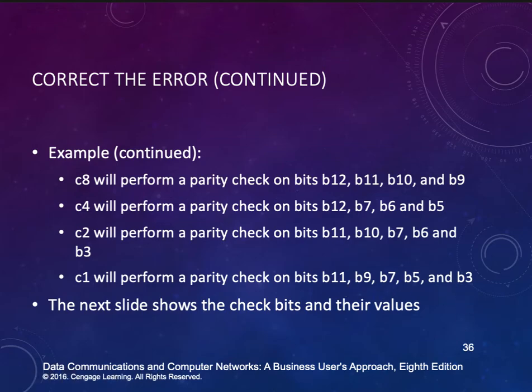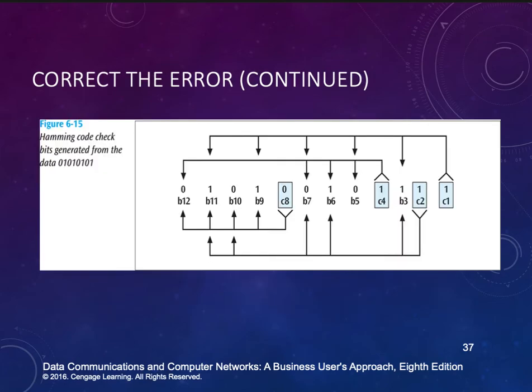Let's take a look at the next slide, it will be much clearer. Here is the Hamming code. C8 checks from 12 to 9. C4 checks 12, B7 to 5. C2 checks 11, 10, 7, 6, and 3. C1 checks 11, 9, 7, 5, and 3.